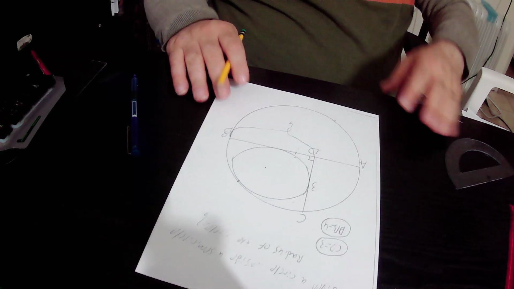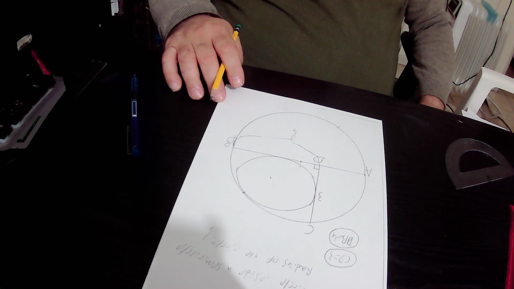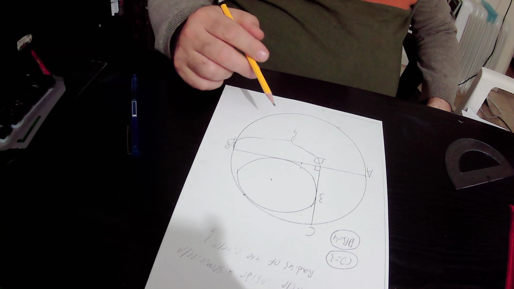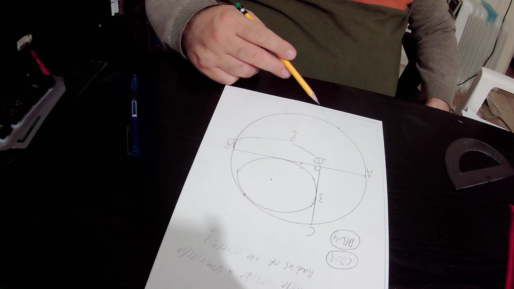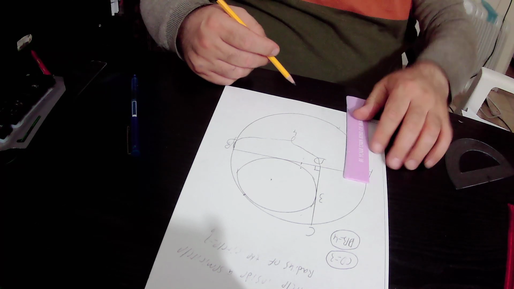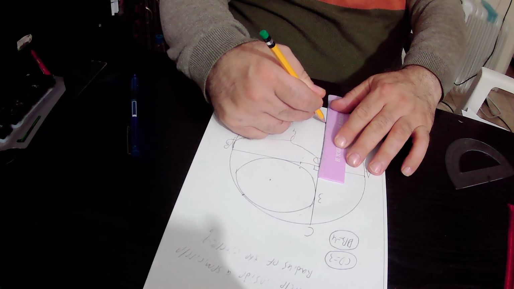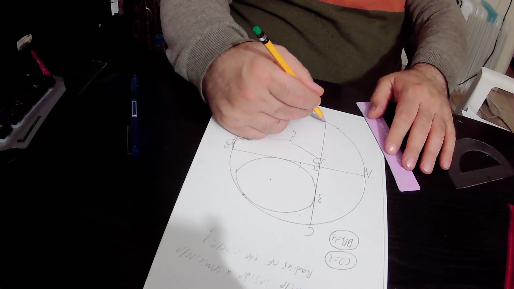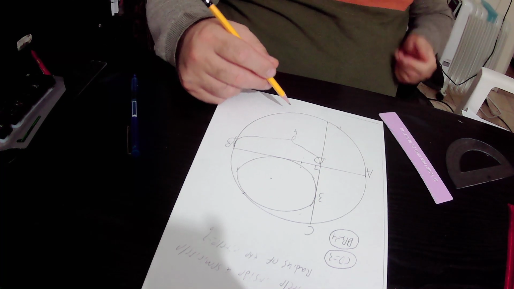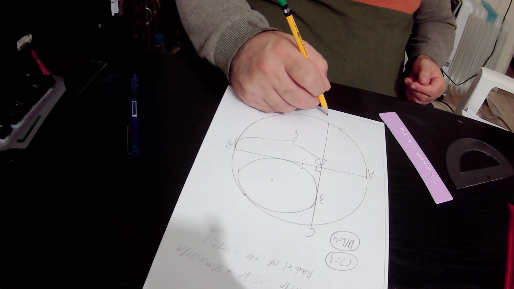So we completed the semicircle to a circle. In the next step, we will extend line segment CD until it touches the circle, and we will define the touching point of the extended line segment CD in this circle as point E.